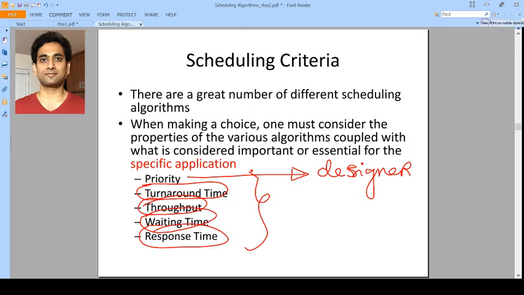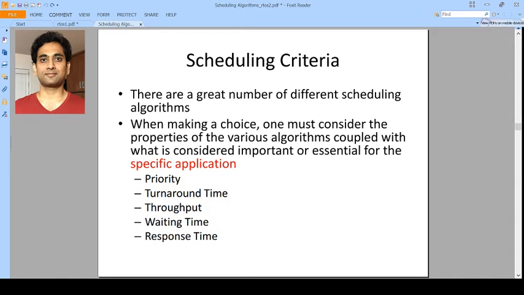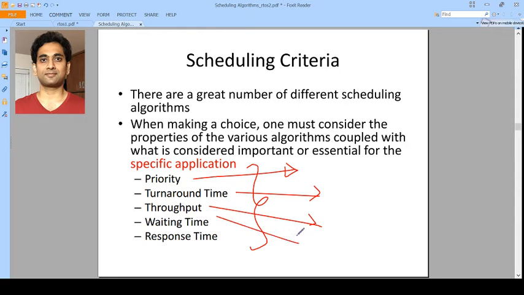We will look at these definitions shortly, but for now, understand that scheduling priority can be assigned using various parameters. It can be a priority assigned by the designer, or it can be turnaround time, throughput, waiting time, or response time.